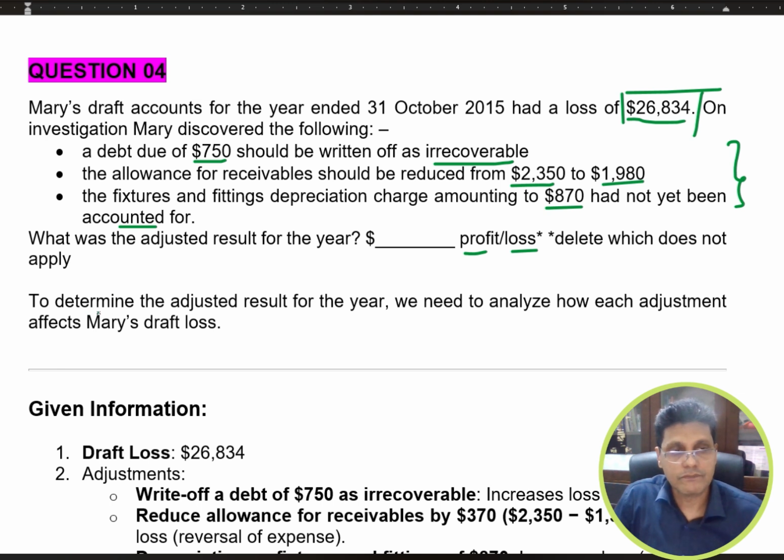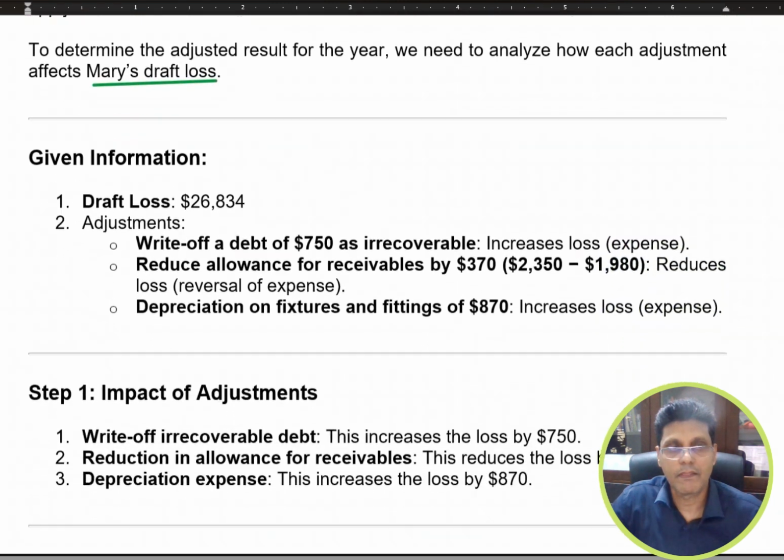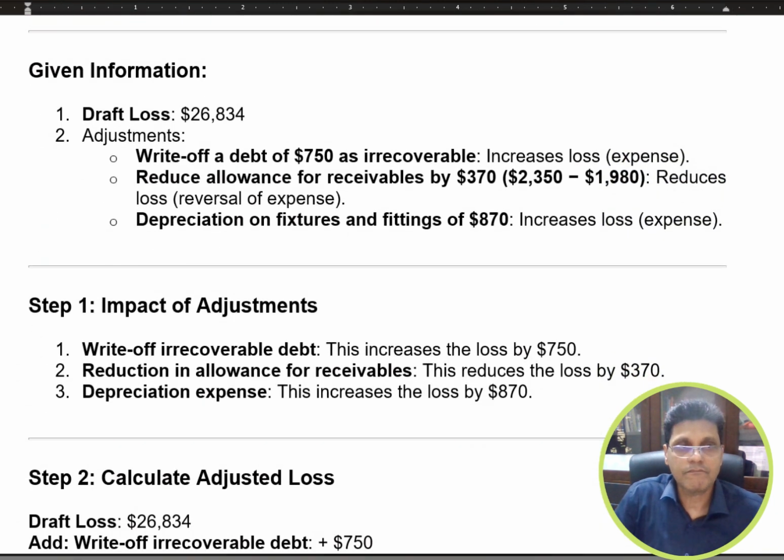To determine the adjusted result for the year, we need to analyze how each adjustment affects Mary's draft loss. So now let's go through the adjustments one by one. These are the given information. You are given a draft loss of $26,834. So these are the required adjustments.